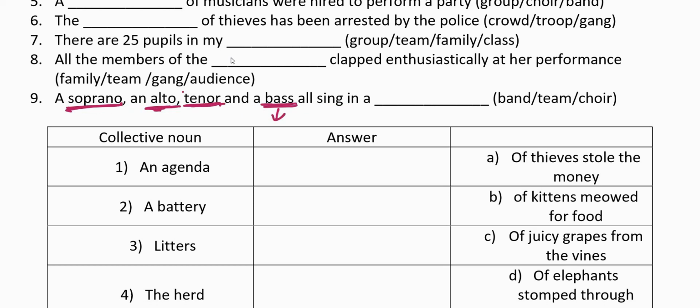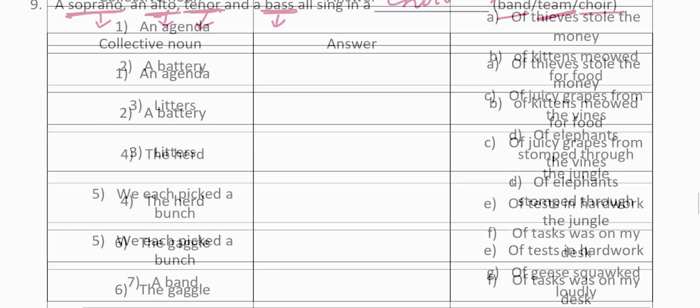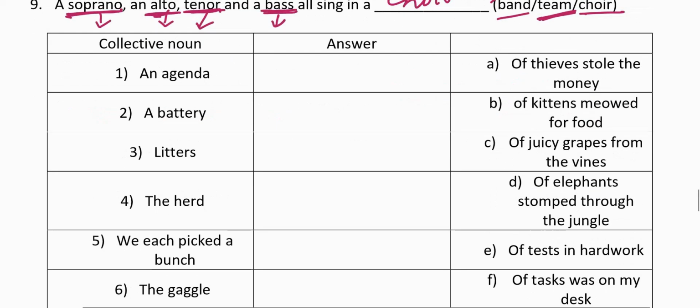So all these are a group of singers and each refers to a different voice pitch. And a group of singers is called not band, not team. What is it called? Choir. Choir of singers. A band of musicians, a group of musicians is called a band. And players, a team of players. Here I've given it in the form of match the following. Look at the collective nouns here and you have to match which is suitable. You have to do it on your own.